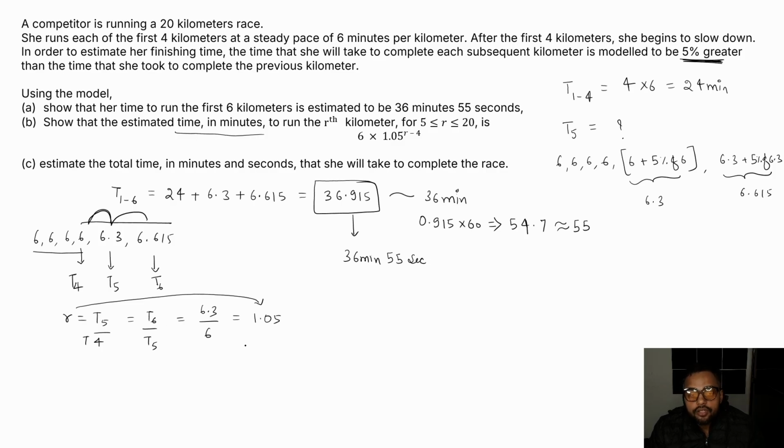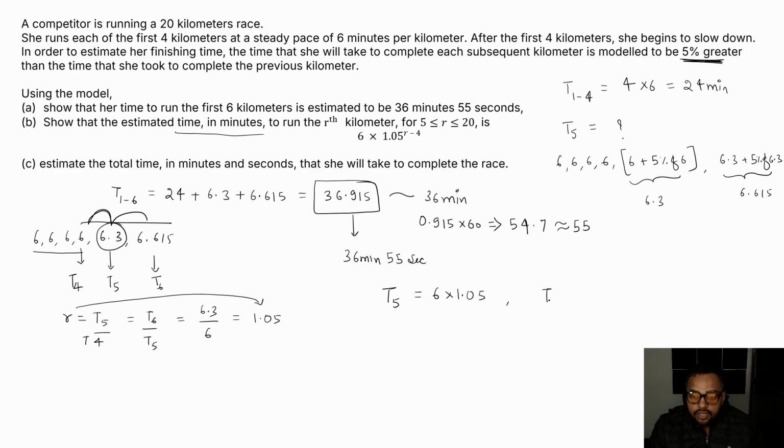So the common ratio here is 1.05. Now come to the question again. For the fifth kilometer, 6.3 could be written as 6 cross 1.05. If you calculate it, you will get the value 6.3.